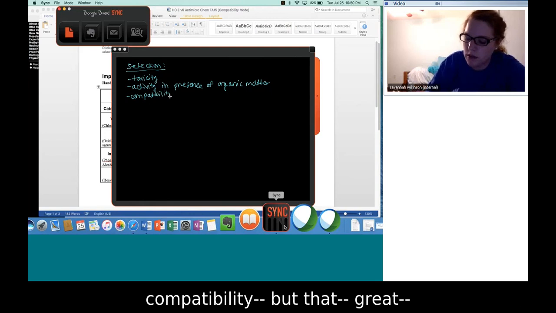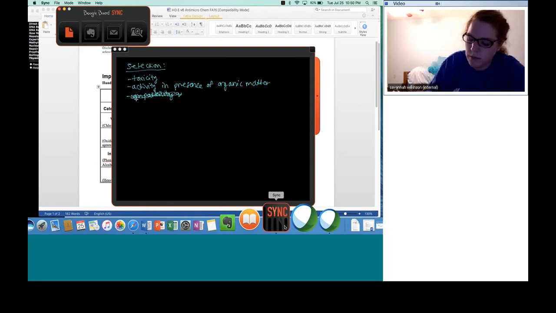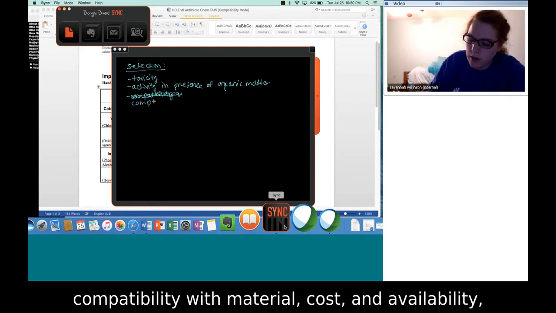Compatibility with material. Cost and availability.